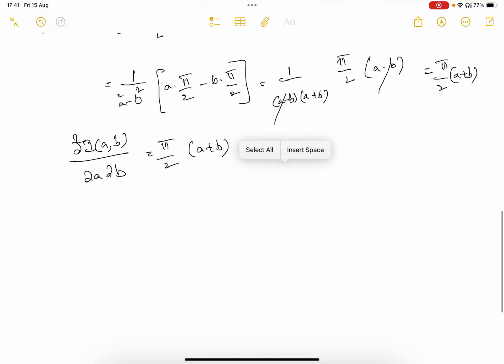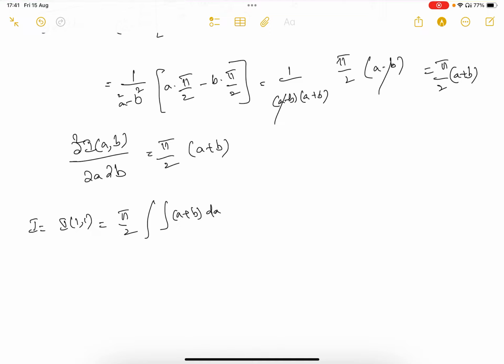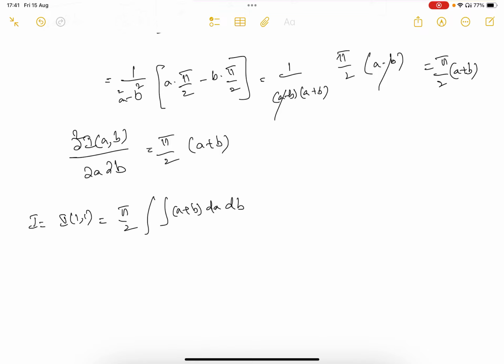So finally we need I. I is I of 1 comma 1, right? To get I we need to integrate twice, pi by 2 into a plus b, da db. What about the integral limits here? Because I is from 0 to infinity, right? It must be from 0 to 1.